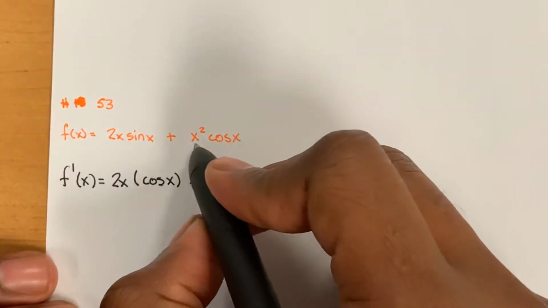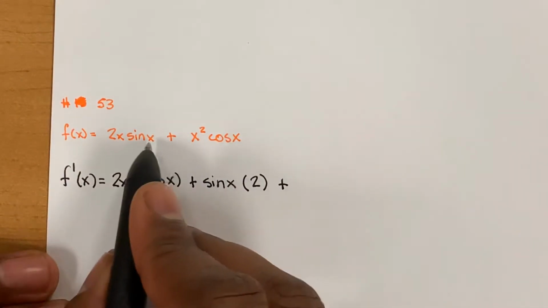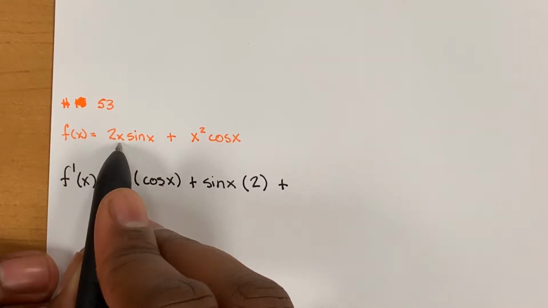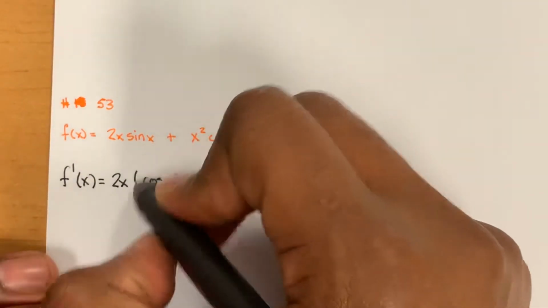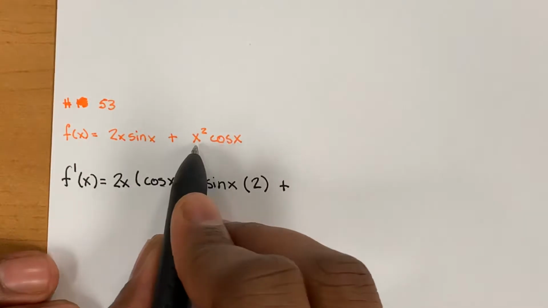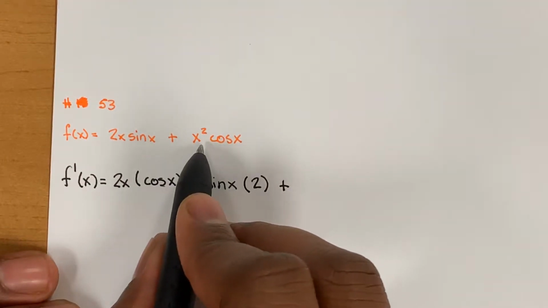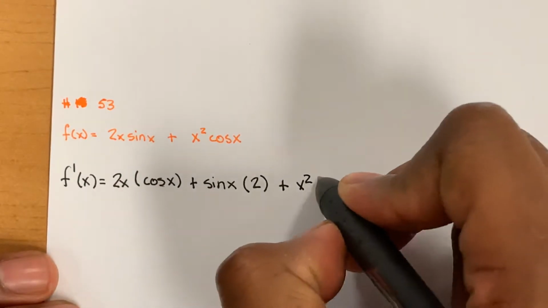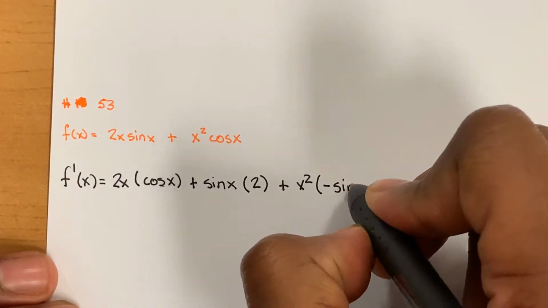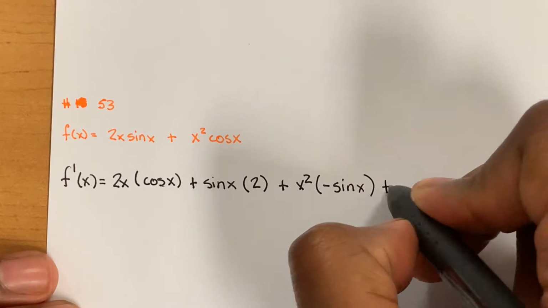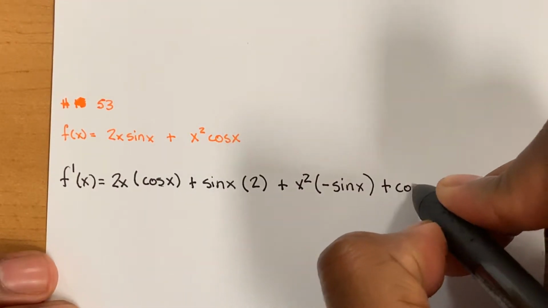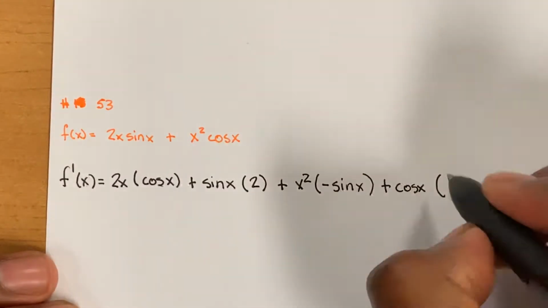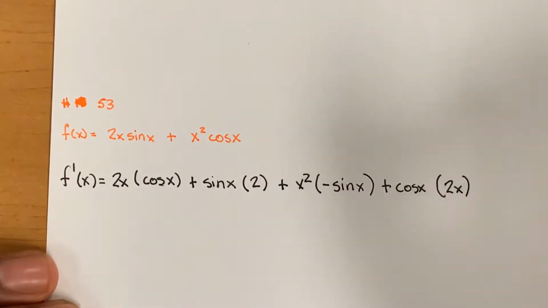Plus, so these two terms again come from the derivative of 2x sine x. So these two terms branch out from this. And then we have to worry about the derivative of x squared times cosine x. So that's going to be x squared times negative sine x plus cosine x times the derivative of x squared, which is 2x.